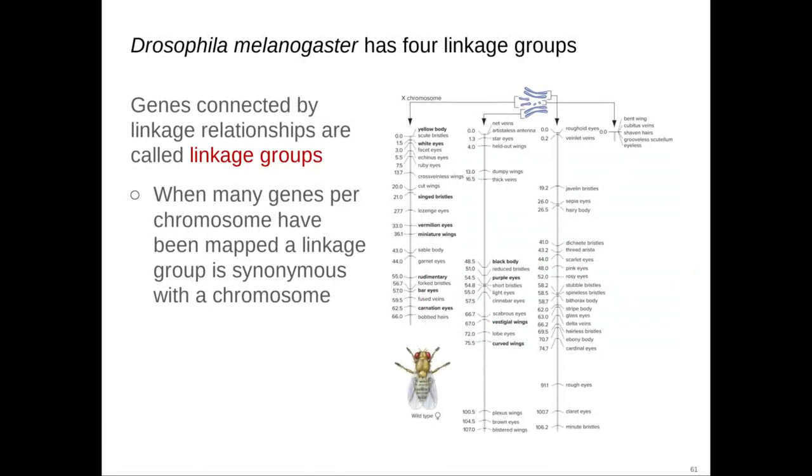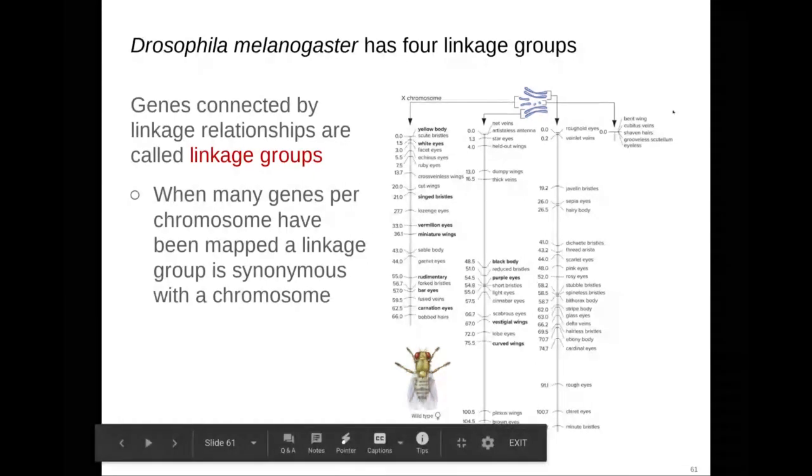Now, Drosophila melanogaster has what we call 4 linkage groups. Genes that are connected by linkage relationships are what we call linkage groups. When many genes per chromosome have been mapped by linkage, the group is synonymous with a chromosome. So we can look at different chromosomes here.